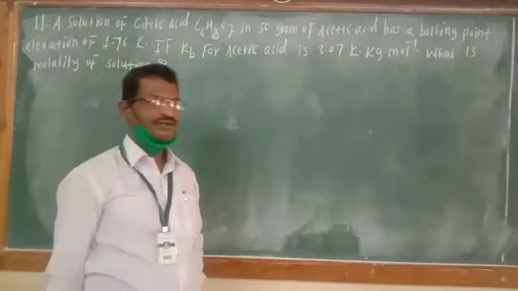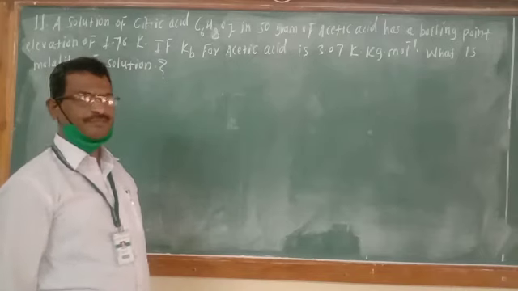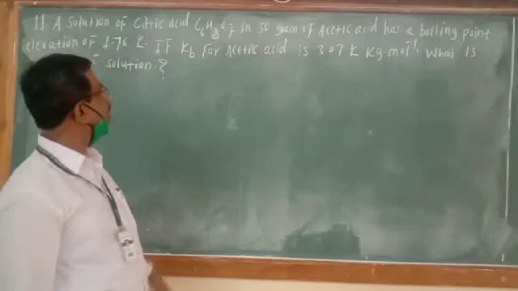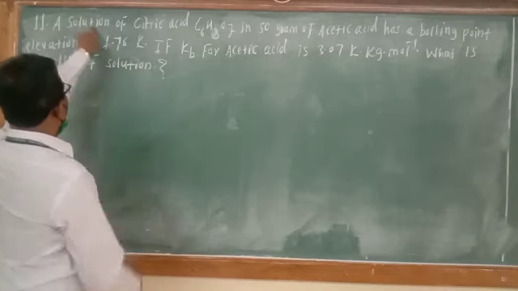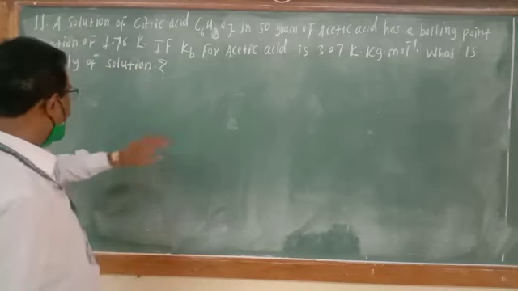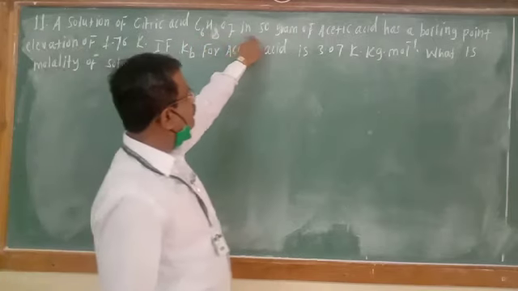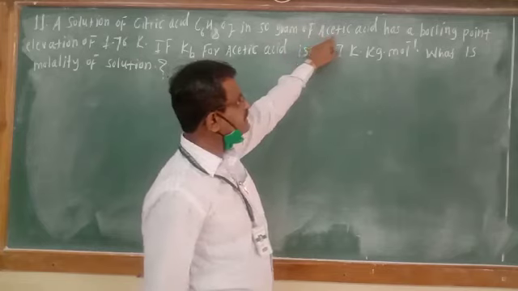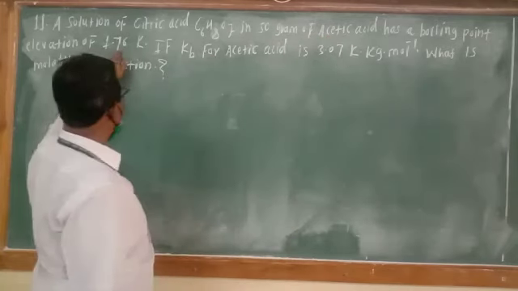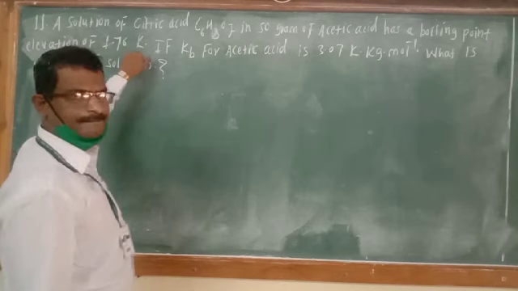See now, this is a very simple problem. Just one step problem. Here it is written as a solution of citric acid with formula C6H8O7 in 50 gram of acetic acid has boiling point elevation of 1.76 Kelvin.